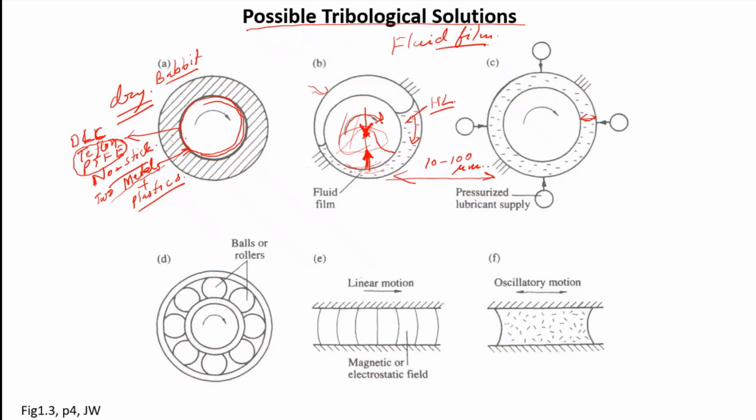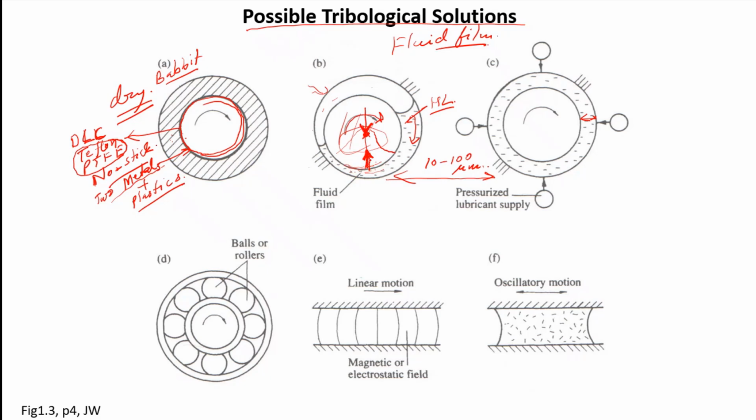So the most important part is the hydrodynamic action: because of the rotation, the pressure is built up, and this pressure will support the load. All around the pressure will be high, but pressure will be maximum here.